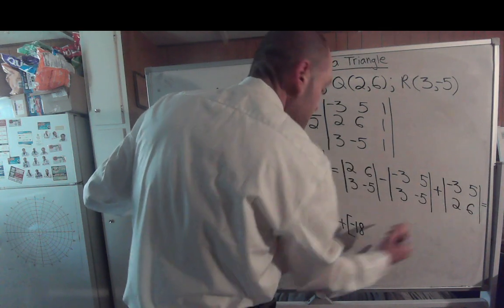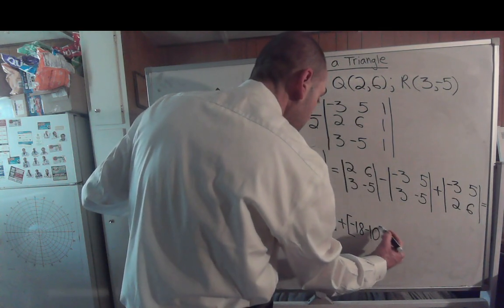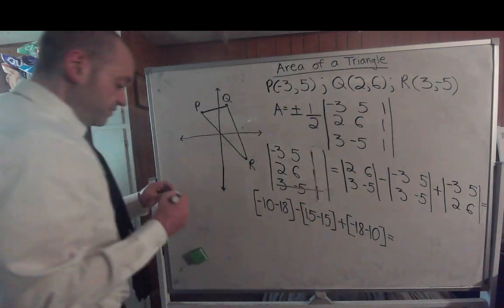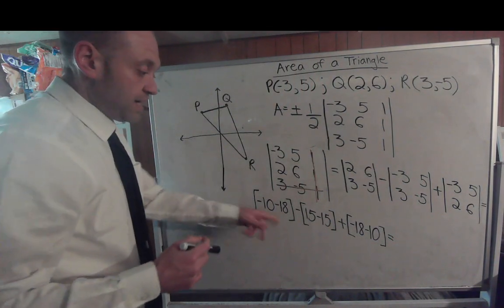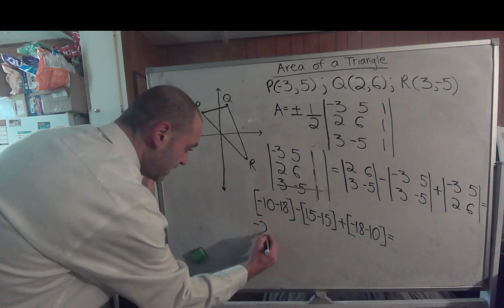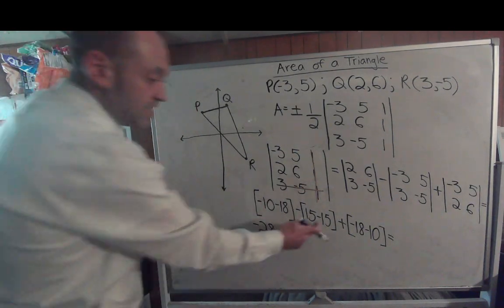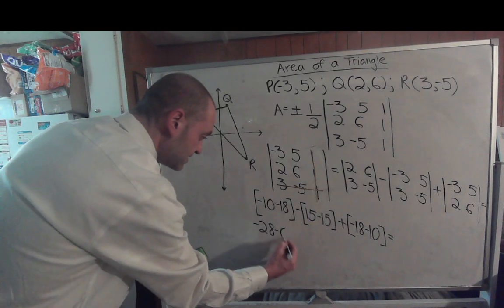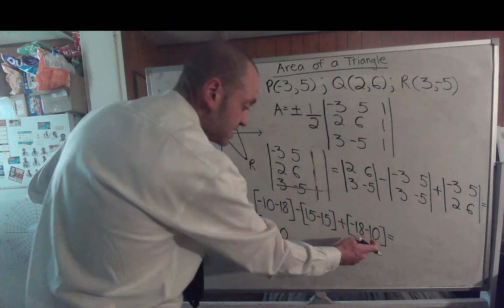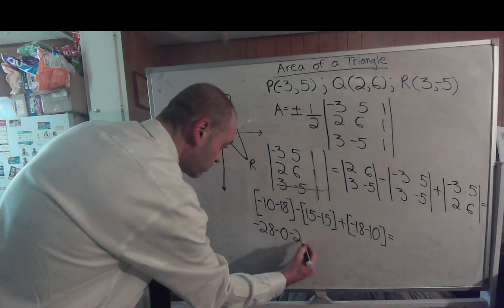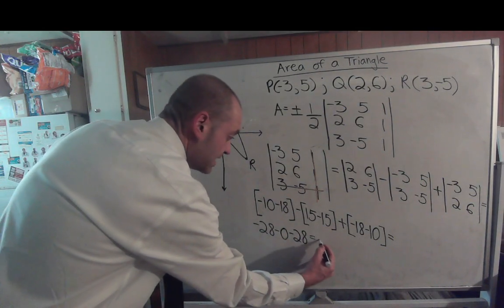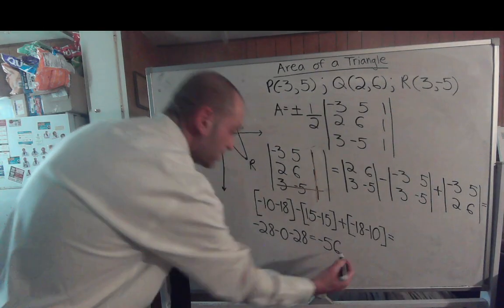Minus 5 times 2, which is 10. So when we simplify this, negative 10 minus 18 is negative 28. 15 minus 15 is 0, so minus 0. And then negative 18 minus 10, that's another negative 28. So we get negative 56 for the determinant.